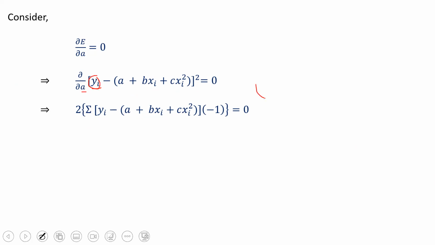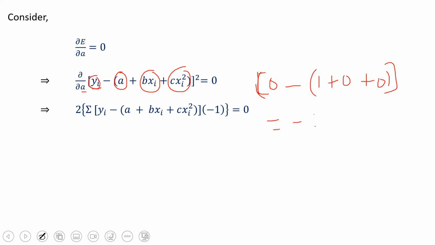So here we write 0 minus the partial derivative of a with respect to a, which is 1. The partial derivative of b xi is 0 because it is free from a. Similarly, the partial derivative of c xi whole square with respect to a is also 0. So all three become 0, and we are getting minus 1.